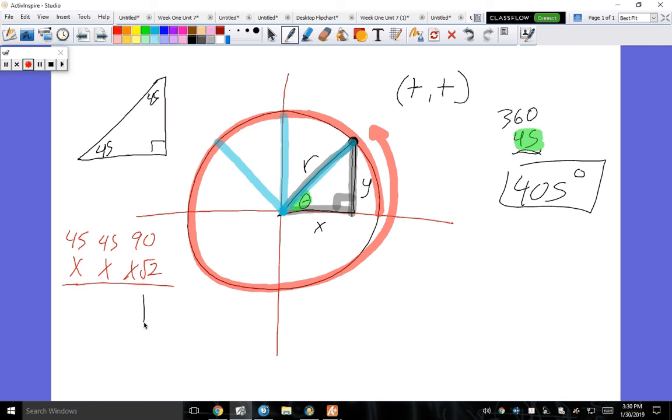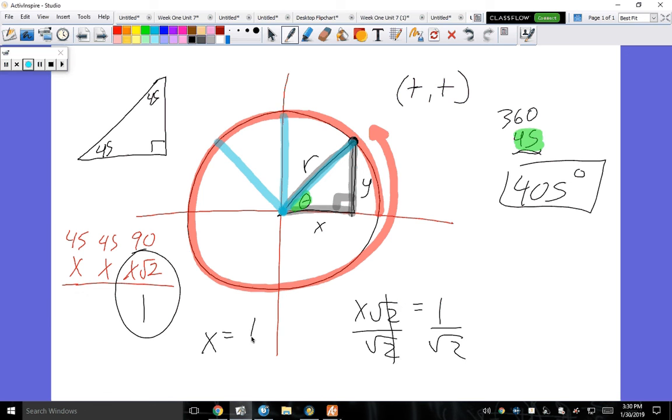Okay? And you learned back on the last unit that if I set these equal to each other, and I were to solve for x, it would look like this. Those would cancel. I'd be left with 1 over root 2, but we don't accept answers like that.